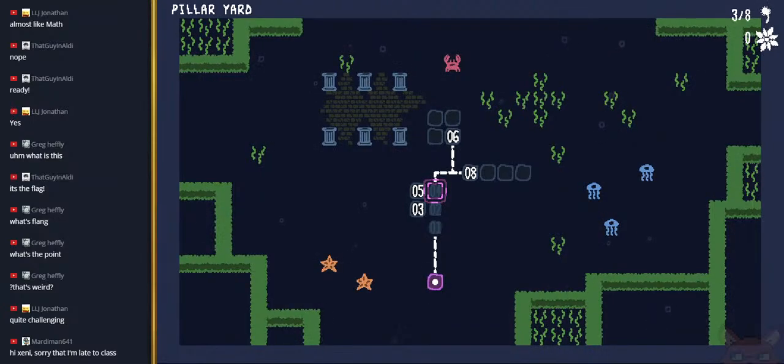Any questions about closed solving of puzzles at this point?